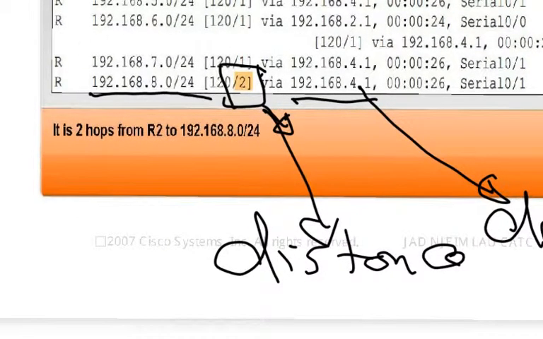And this time indicates the last time that it was updated. So this means that it was updated 26 seconds ago. And this indicates whether it's serial or Ethernet and so on.